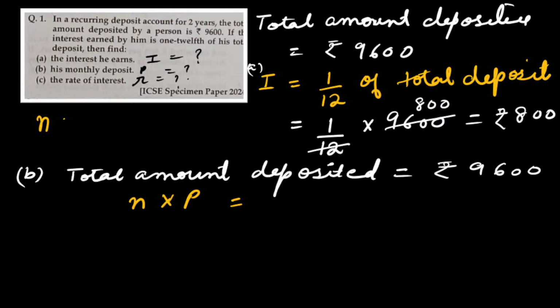Total amount deposited is N into P, where N is the number of months and P is the principal amount of 1 month. If you multiply these two, you will get the total amount deposited.